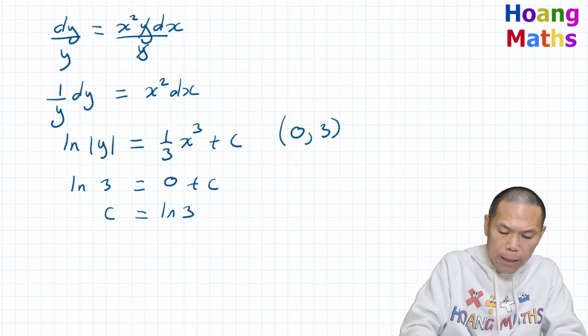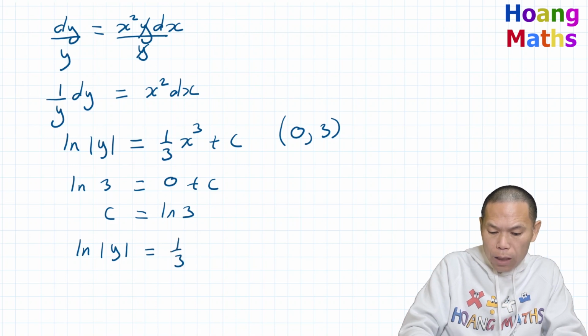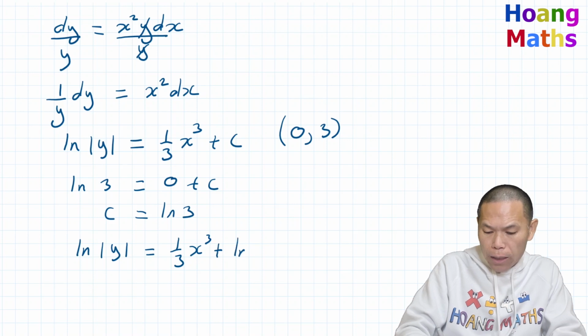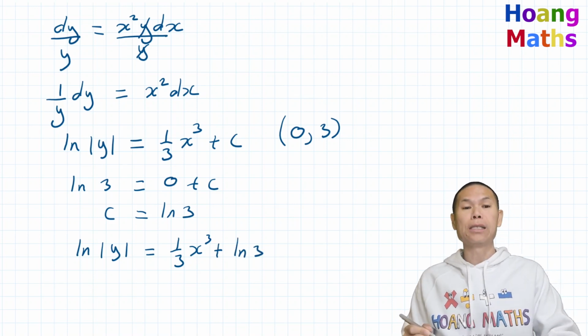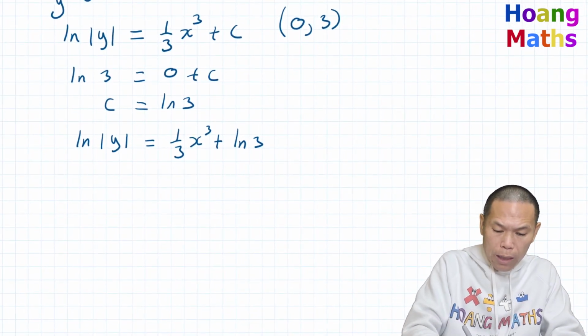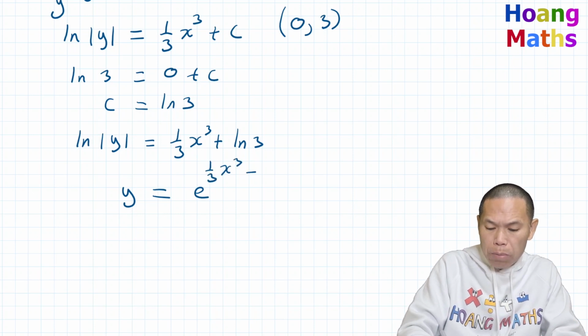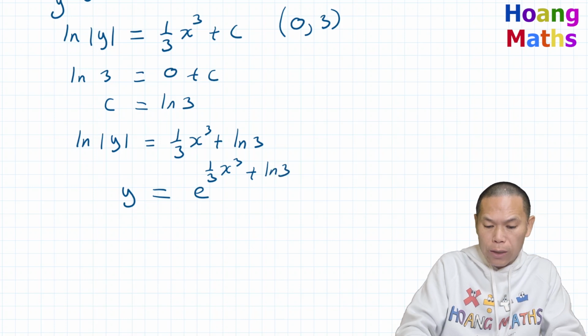So this means that ln of y is a third of x to the power 3 plus ln 3, which is c. To unlock this, y is e to the a third of x to the power 3 plus ln 3.